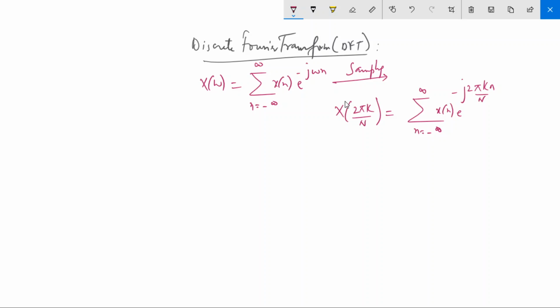Okay, and then we have seen how you can reconstruct the original sequence x(n) from its samples. In fact, what we can recover is a periodic sequence xp(n), which is given by this equation.